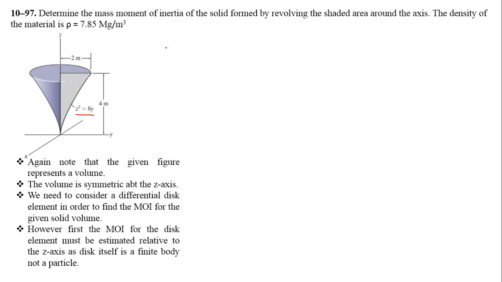So please remember that in case of moment of inertia, when you are using integration to calculate moment of inertia, you can use two types of volume elements. Okay, the first one is a disk, thin disk of some thickness dz.